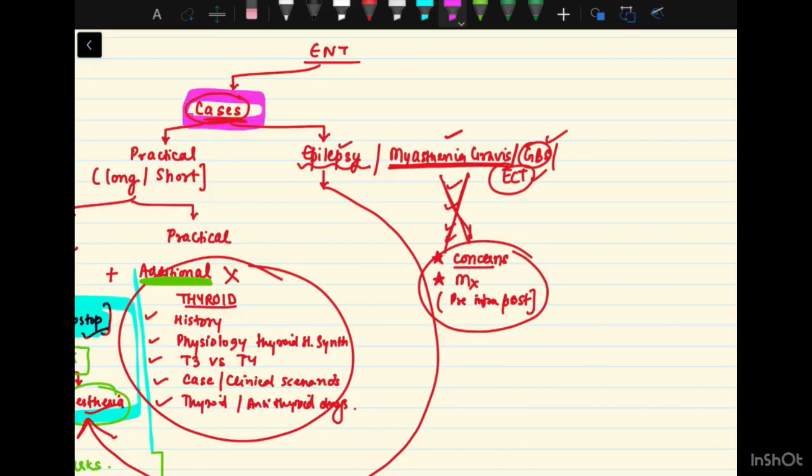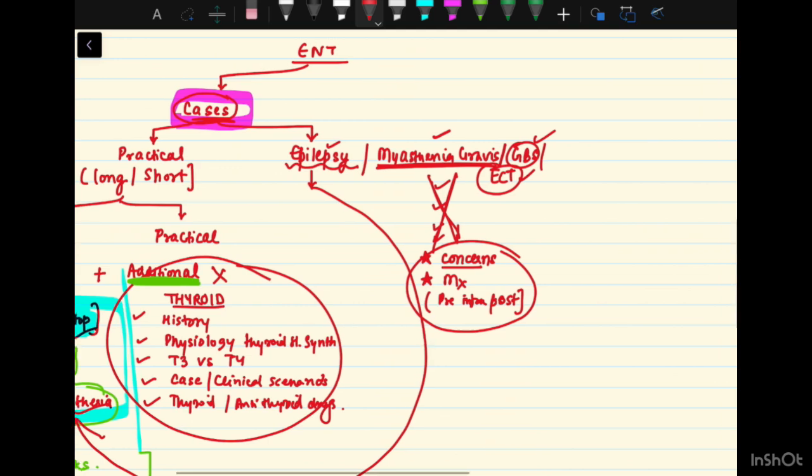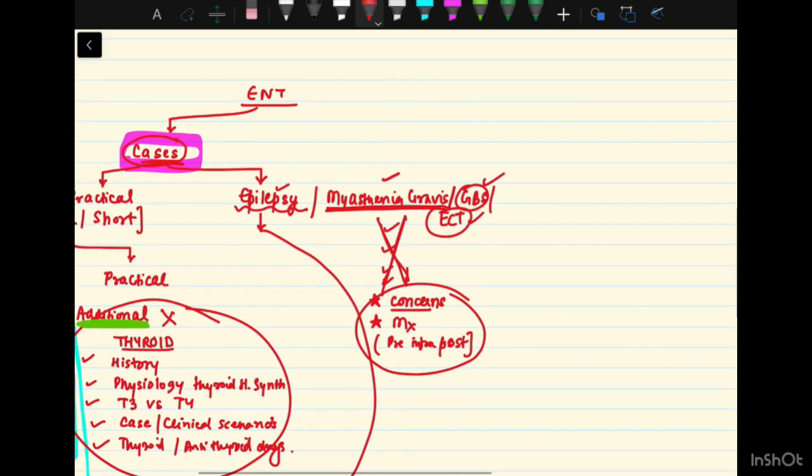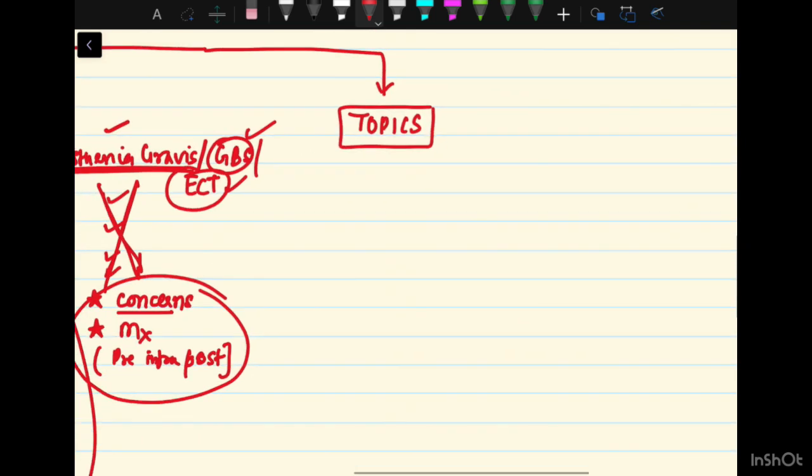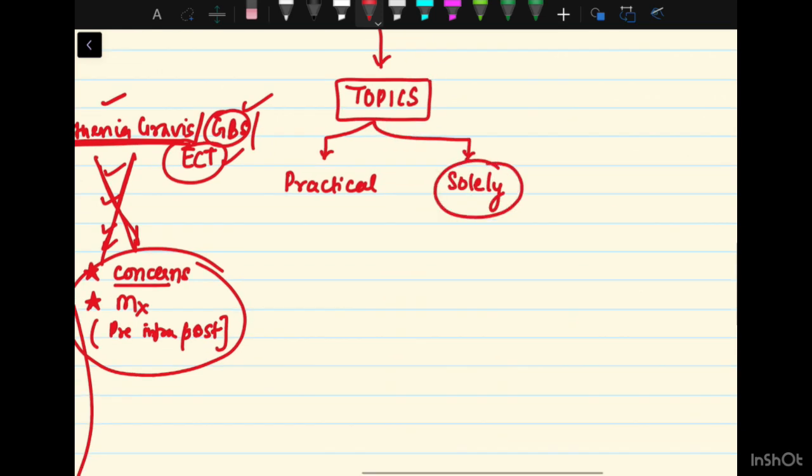Once you move on from the cases, what else is asked in your particular unit? After the case, there are questions related to certain topics. For those topics, you have to segregate whether they have some practical significance or are solely of theory importance.